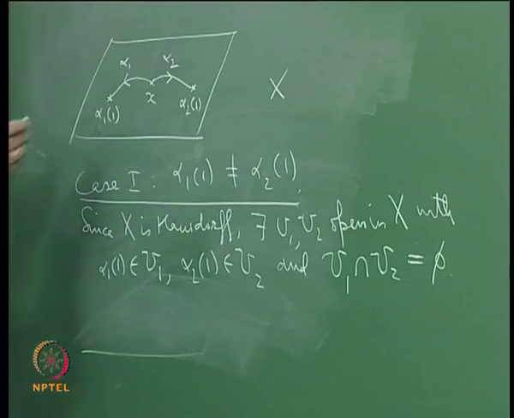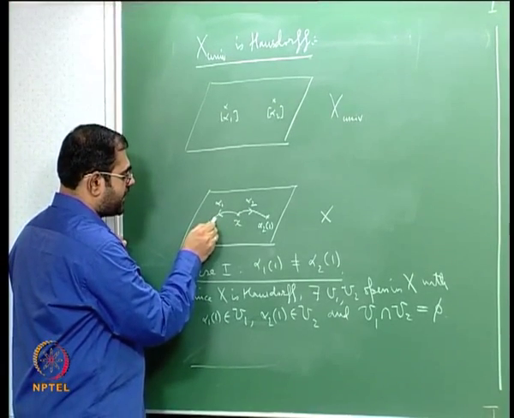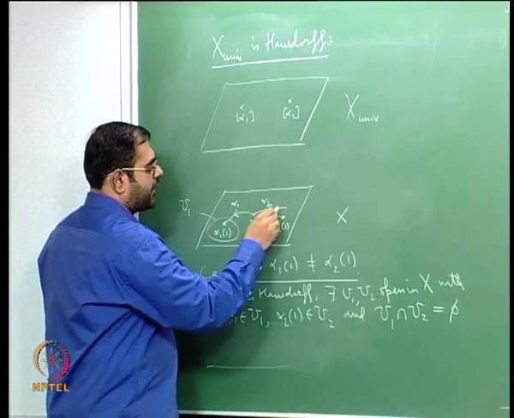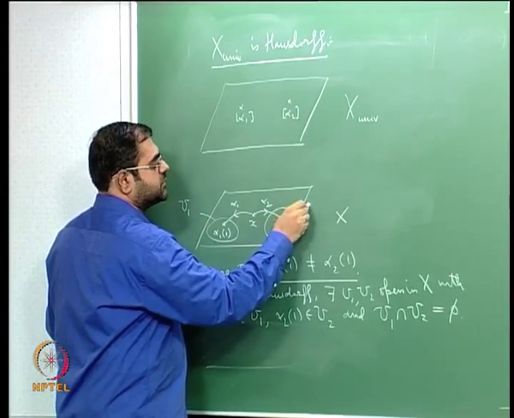The picture is going to look like this: I have U1 here and U2 here.